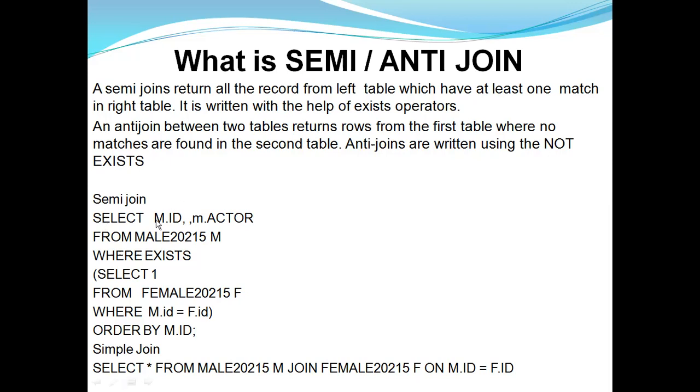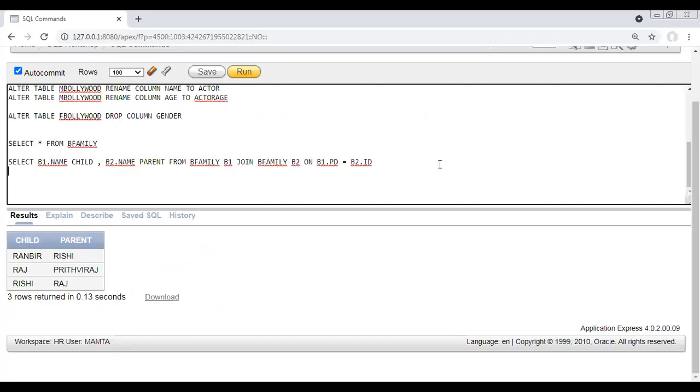So look at the query. Select column ID, column name from one table. We can match with that also. So males 2020 M, and we are looking in the F. Okay, let's try to write it here. We'll say select star from M Bollywood.